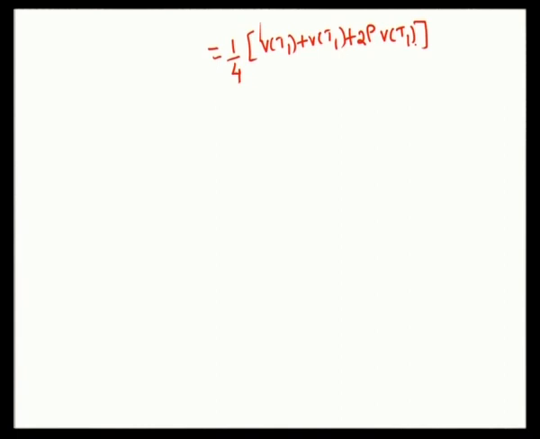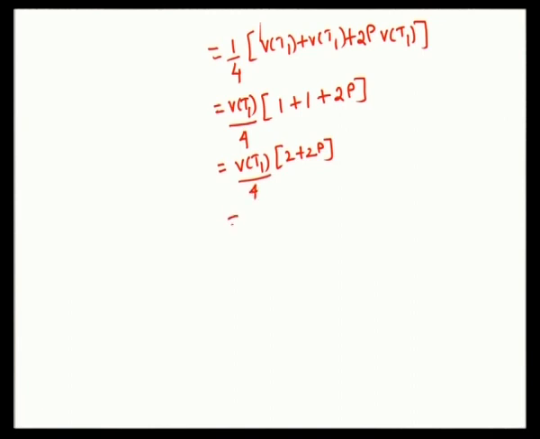So, everywhere you find variance of T1 is common. So, you can take that outside. So, you will have 1 plus 1 plus 2 rho. So this will give you variance of T1 into 2 plus 2 rho. Now by 4, take 2 outside, it becomes twice of variance of T1 into 1 plus rho divided by 4.